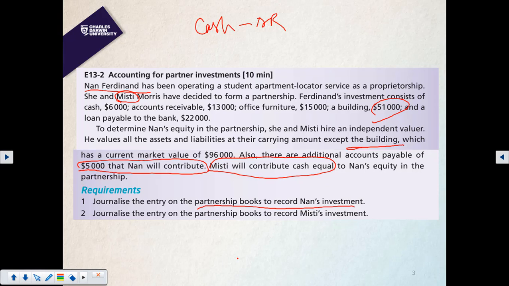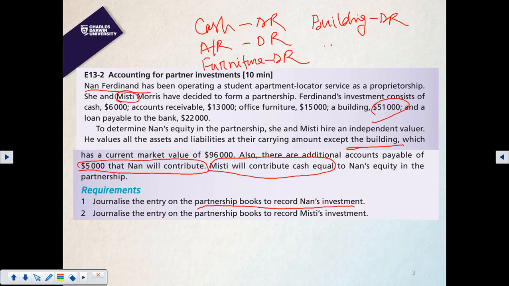So it's going to be cash debit, accounts receivable debit, furniture debit, then building debit, with the new amount $96,000.